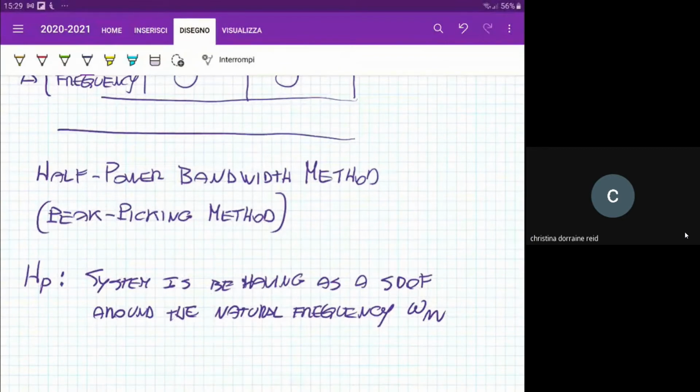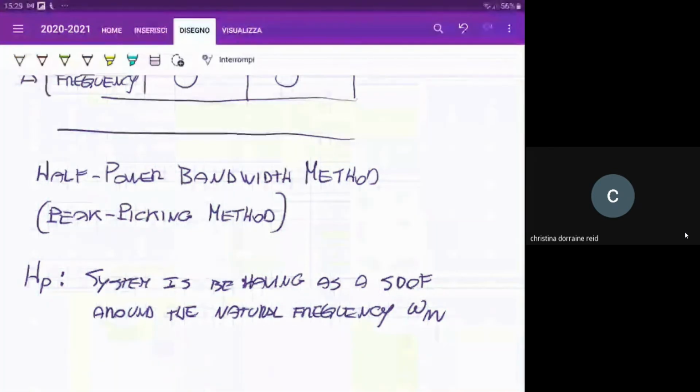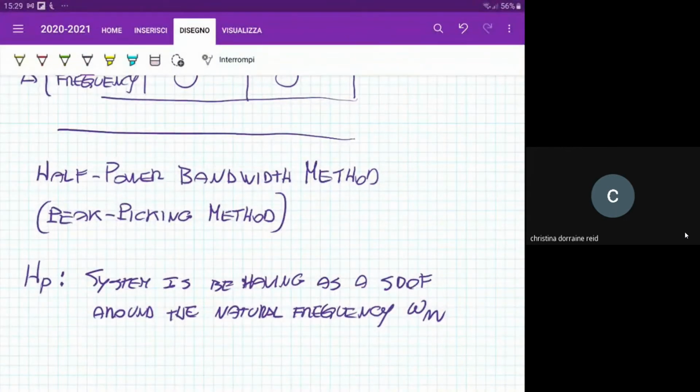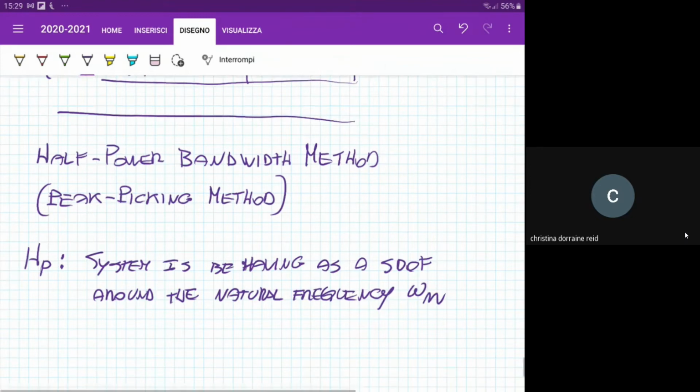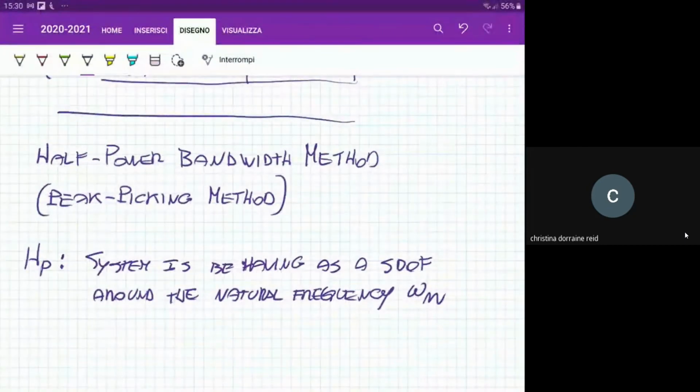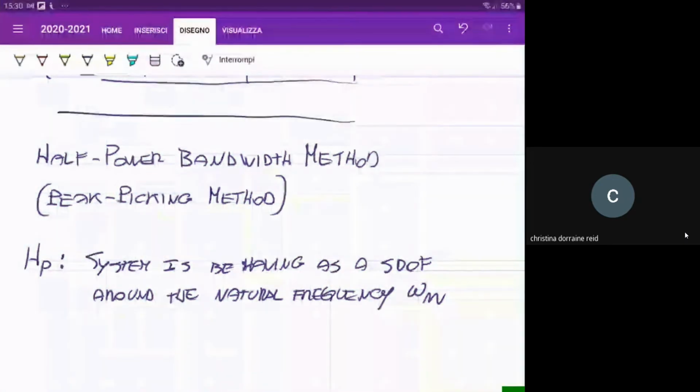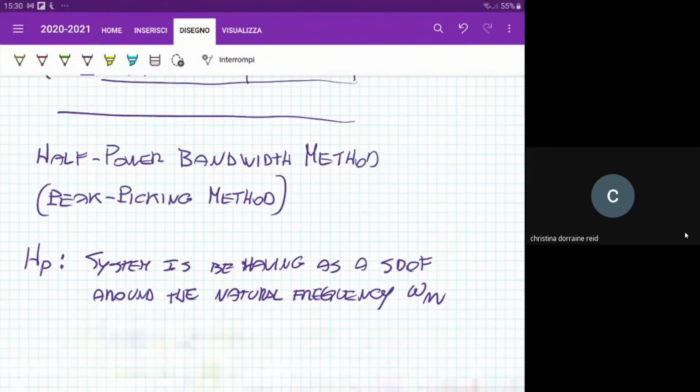Please note that it doesn't mean that the system is just having 1 degree of freedom as the Lagrangian coordinate. We can have a multi-degree of freedom system as a discrete representation using Lagrangian coordinates of your system. However, when referring to your system transfer function, the frequency response function, what we are assuming within this half power bandwidth method is that the system is practically behaving as if it were a single degree of freedom around the natural frequency, as if it were a harmonic oscillator just around the natural frequencies.